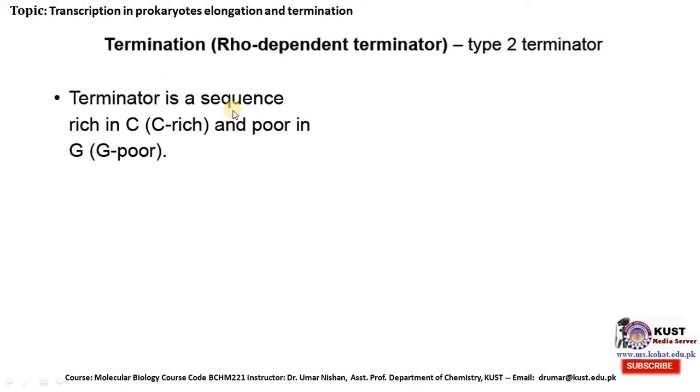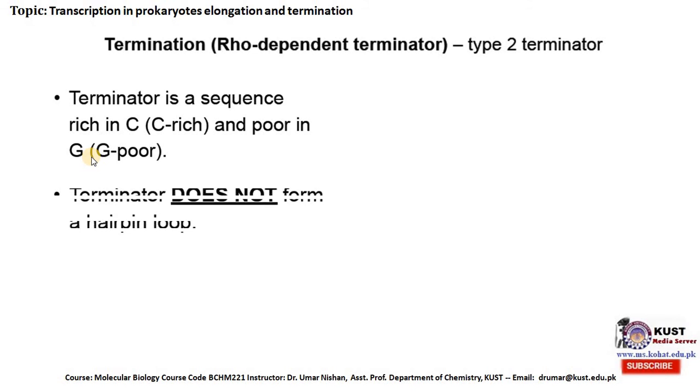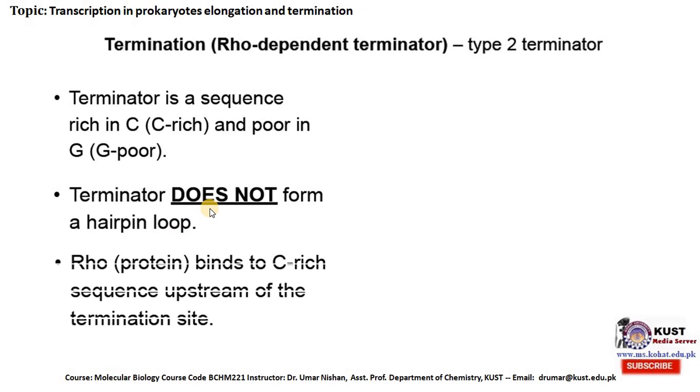Terminator is a sequence rich in C and poor in G. It means that C rich means that there are a lot of C's, poor in G means that very few G. Terminator does not form a hairpin loop in this situation. Rho protein binds to C-rich sequence upstream of the termination site.